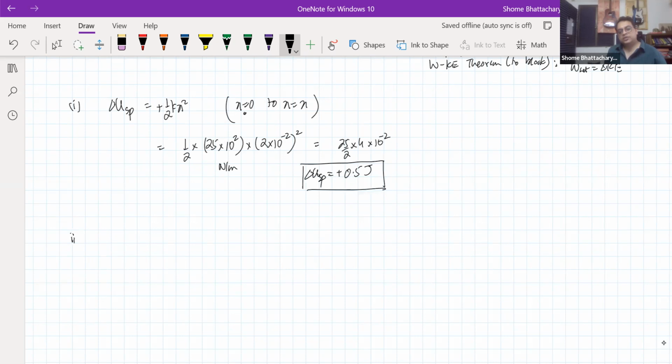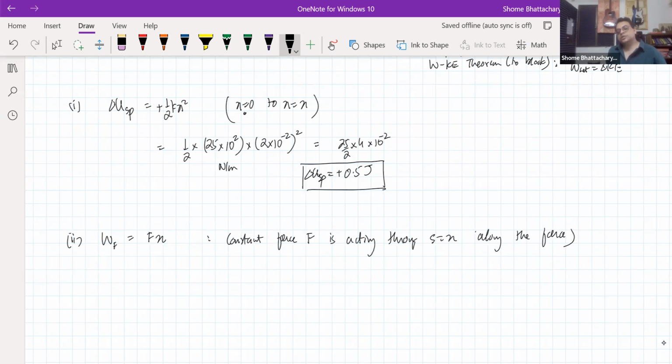But if you look at the work done by the force F, that is going to be Fx here directly, because a constant force F is acting through a displacement equal to x along the force. That's what's happening here. We are applying a force like this, and then this block is displacing through x like this.